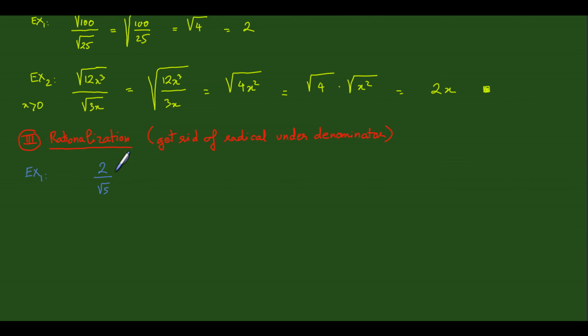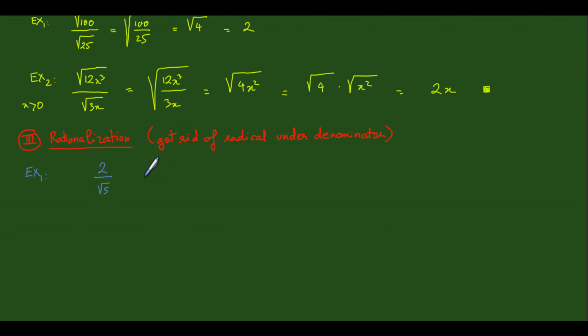The reason I want to rationalize it is that this is a fractional form, and in the denominator we have a radical. We don't want that, so I have to get rid of the radical here.